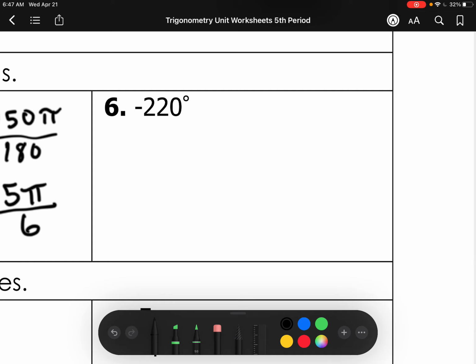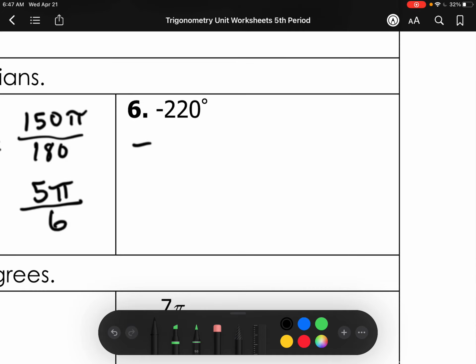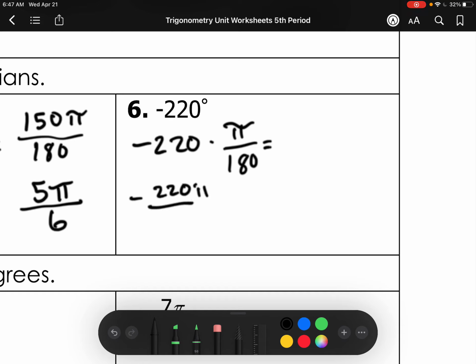All right, so for number 6, we have negative 220 degrees. So negative 220 times pi over 180, and we get negative 220 pi over 180. And we'll have to find what 180 and 220 are both evenly divisible by.